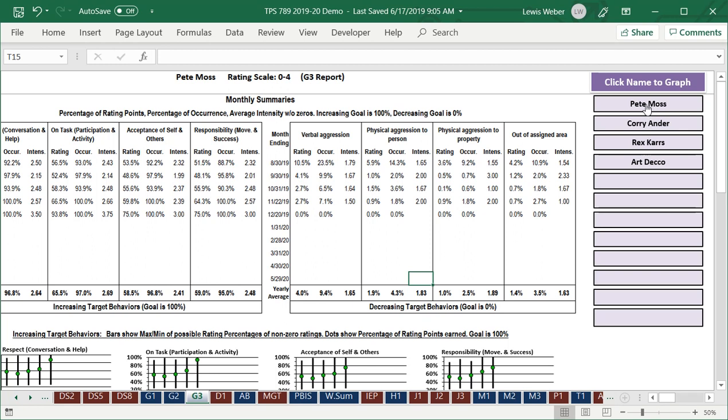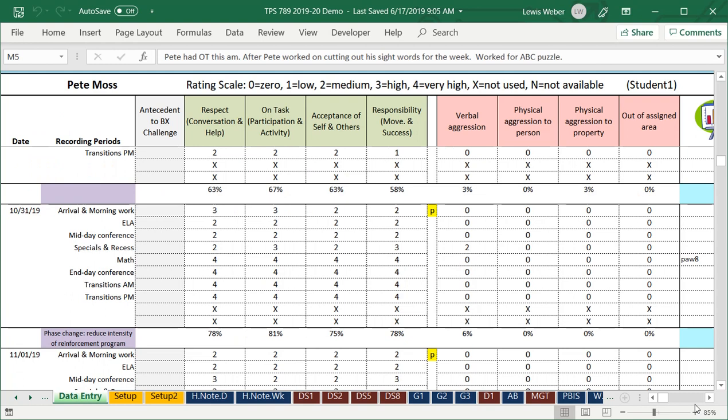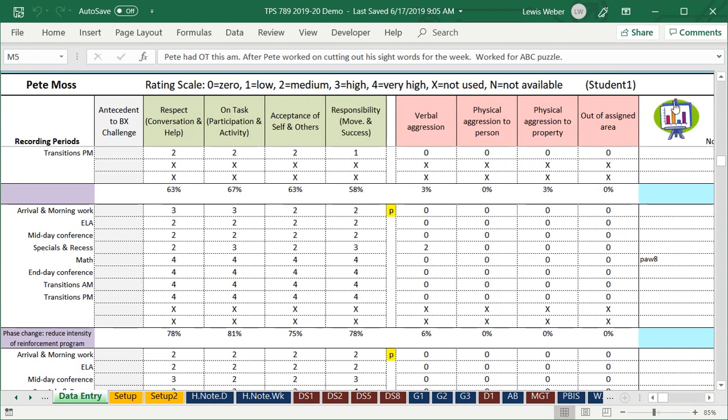So we're going to click on Pete Moss, and it's going to update all his data. Clicking on the student's name here is the same as clicking on this graph icon from the data entry tab. So both of those are going to send data to the graphs.